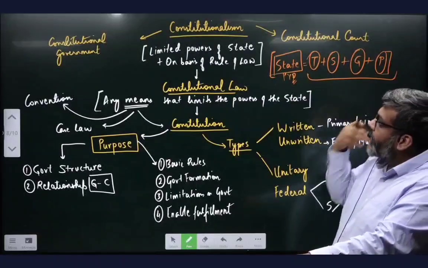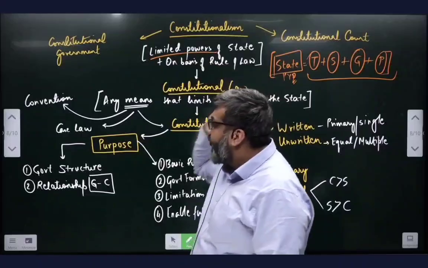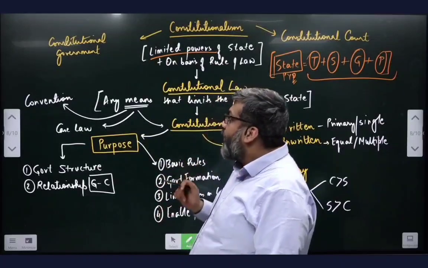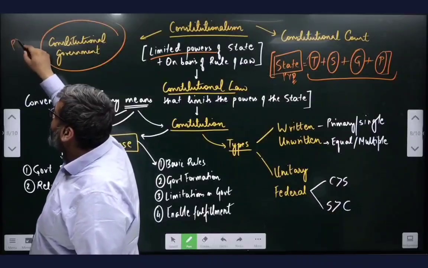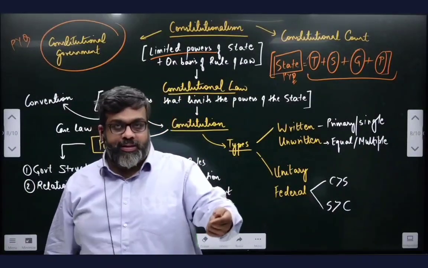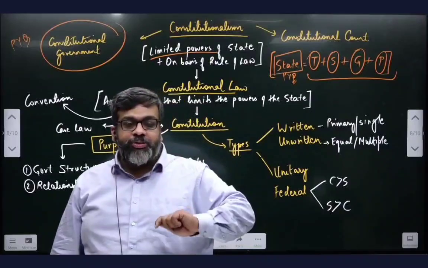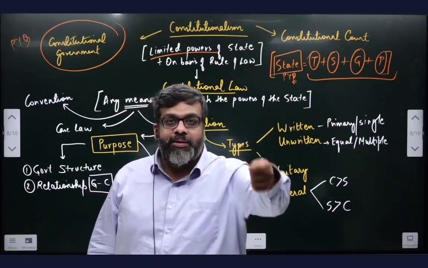So constitutionalism is nothing but the idea of limited powers. Now, when I say constitutional government, this is also a PYQ. A government whose powers are restricted. So constitutional government means a government whose powers are restricted.